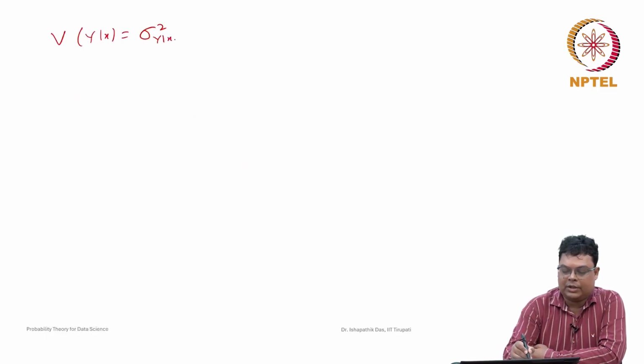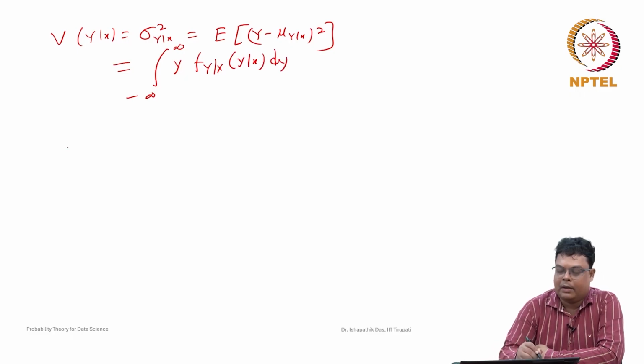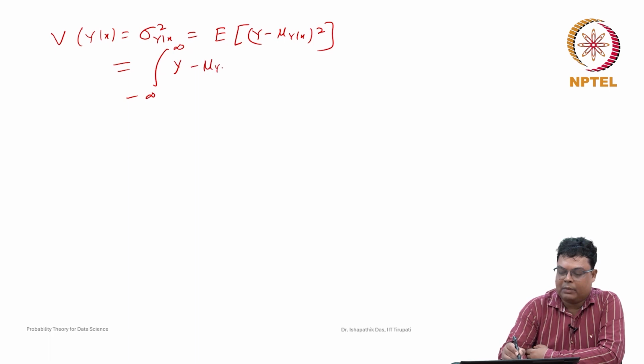By definition, this is the expected value of y minus the conditional mean whole square, which is the integral from minus infinity to plus infinity of y minus the conditional mean, whole square, times the conditional probability density function f of y given x dy.